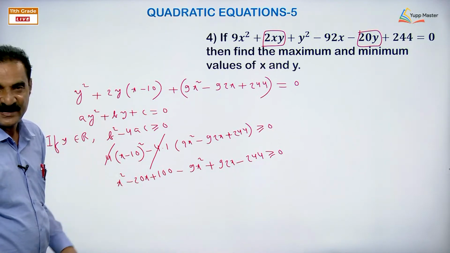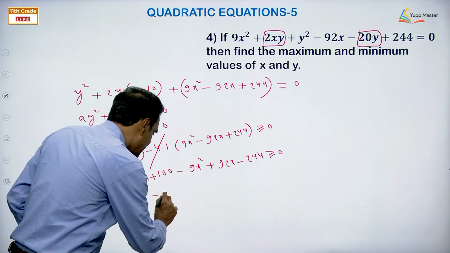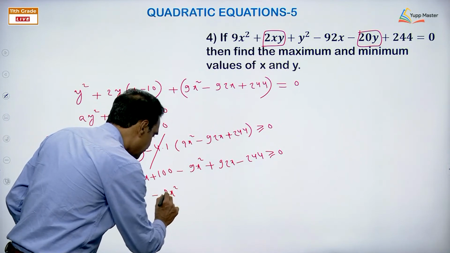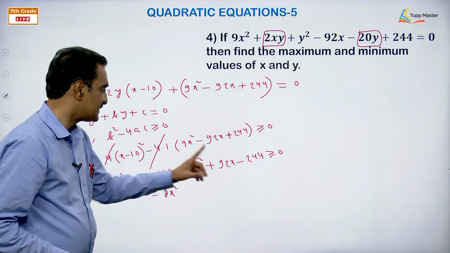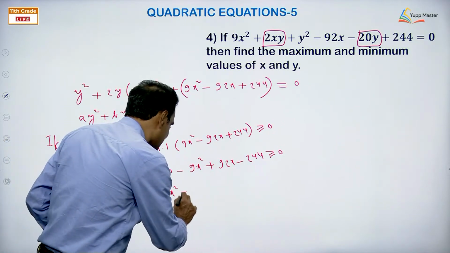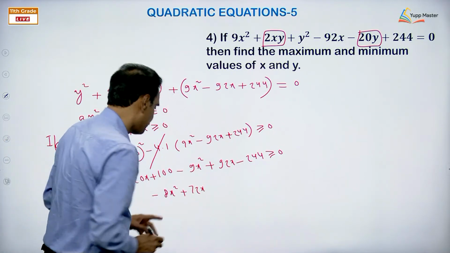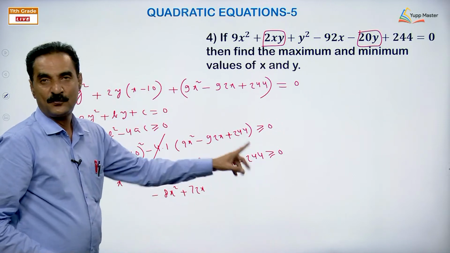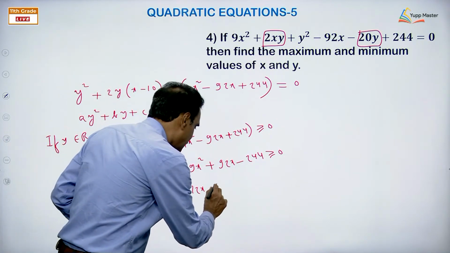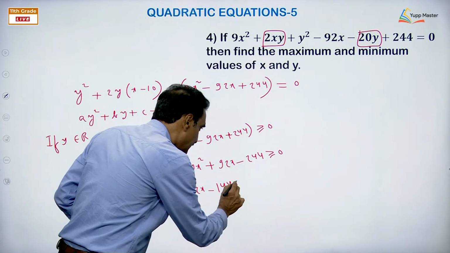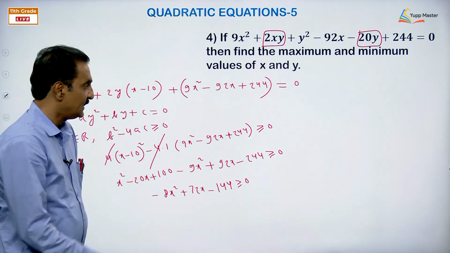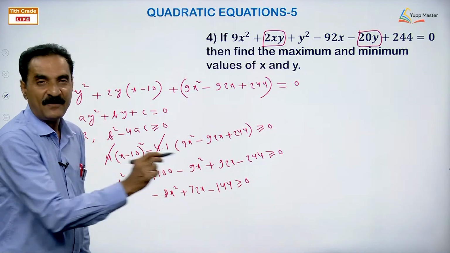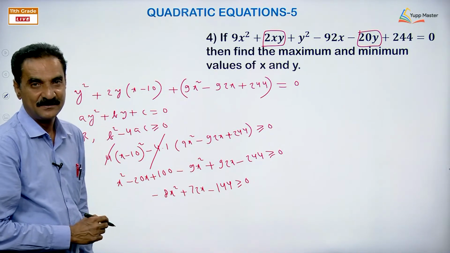X square minus 9x square is minus 8x square. Next, minus 20x plus 92x is plus 72x. 100 minus 244 is minus 144. Should be greater than or equal to 0. Now, you can divide by the common factor minus 8.